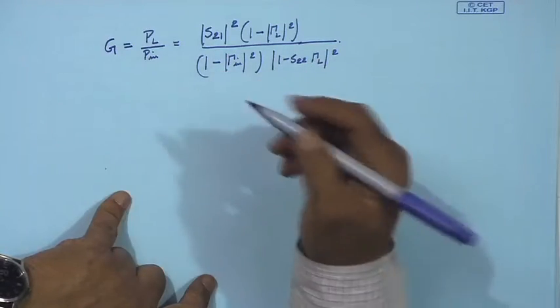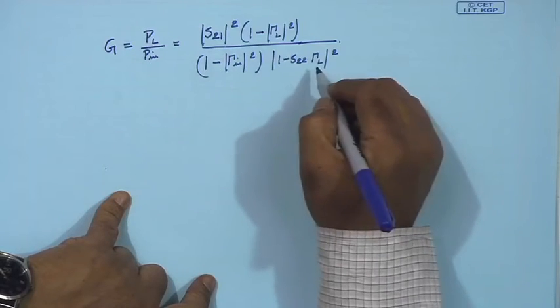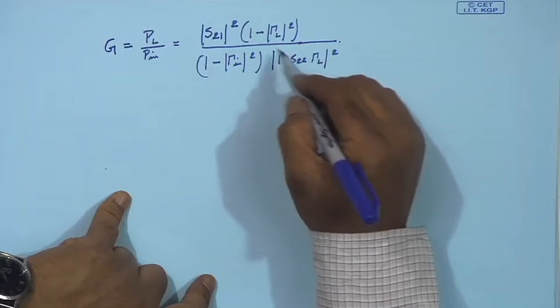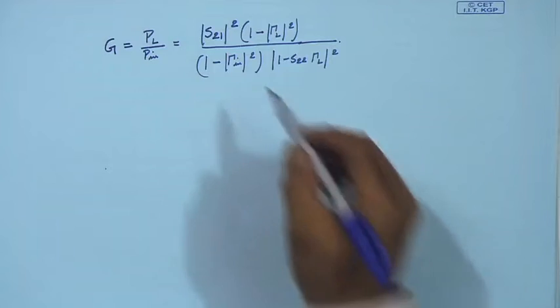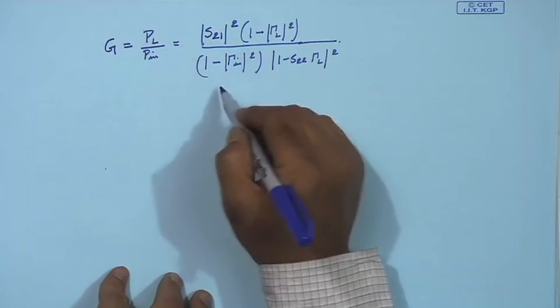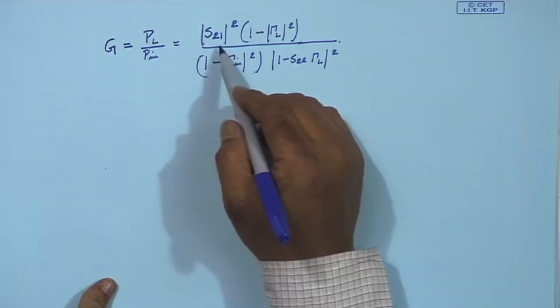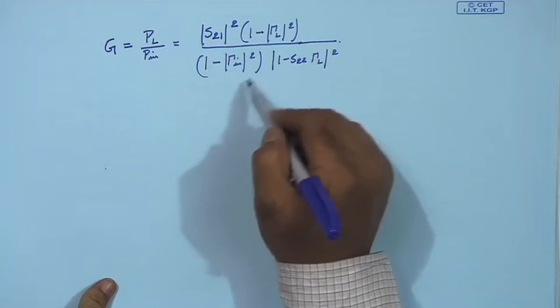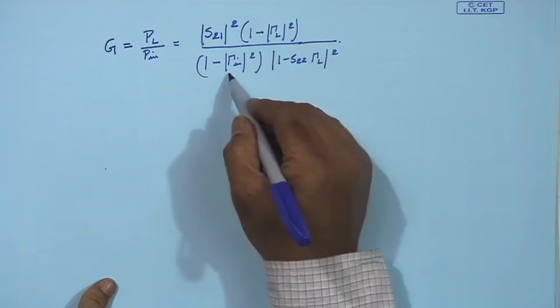So you see that power gain depends on the load, as we already said that it is independent of the source. That is why you see the source reflection coefficient gamma S does not come here. It is the S parameters of the active device and various load conditions.